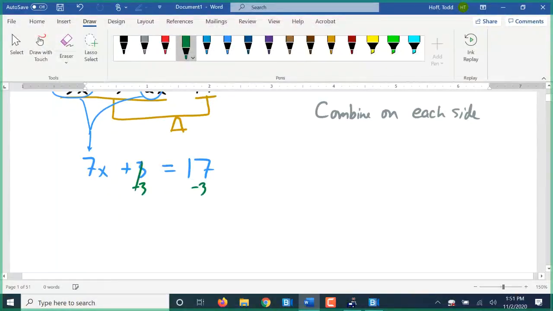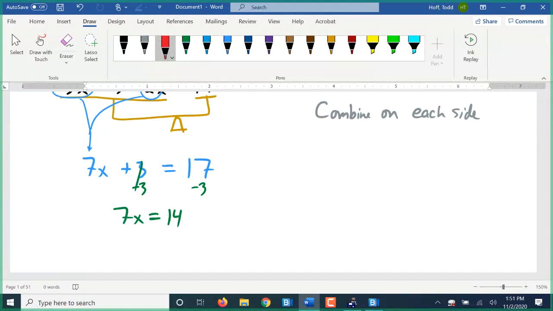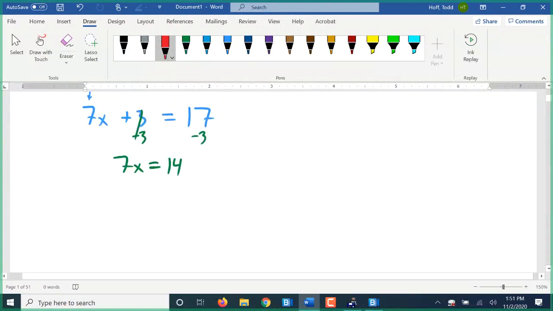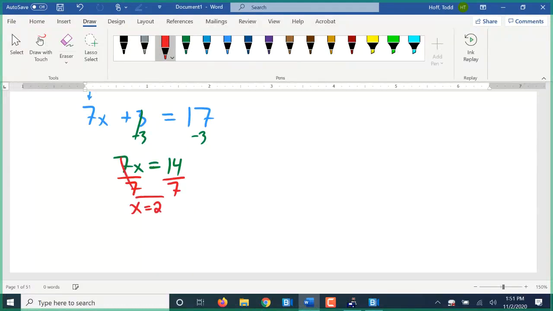We'll subtract the 3. 7x equals 14. And we'll divide by 7. X equals 2.